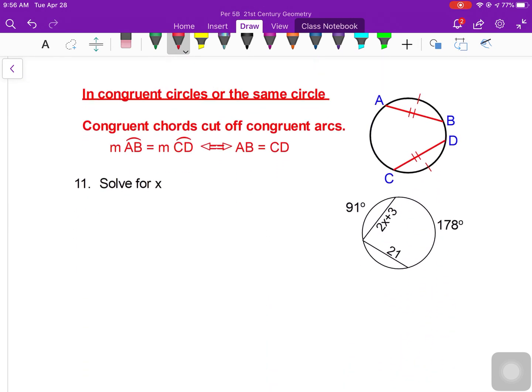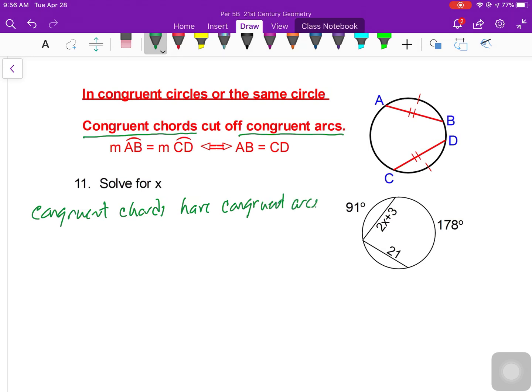Okay, let's try yet another one. And this one's a new one. So this is a new concept. And in this concept, it says, if you have congruent chords in the same circle, then you have congruent arcs. So congruent chords have congruent arcs.